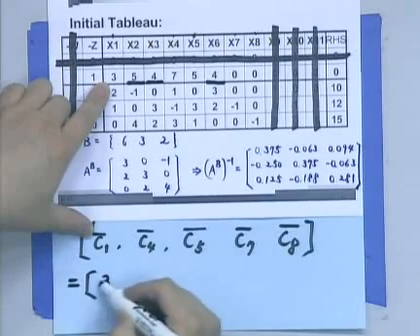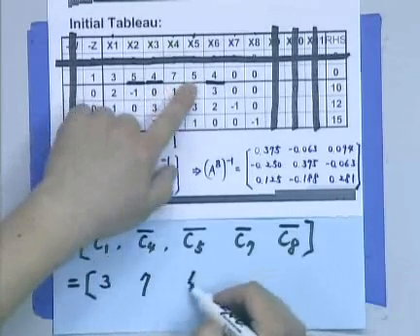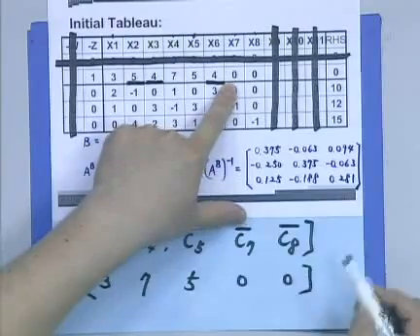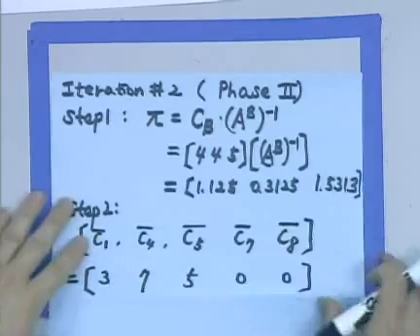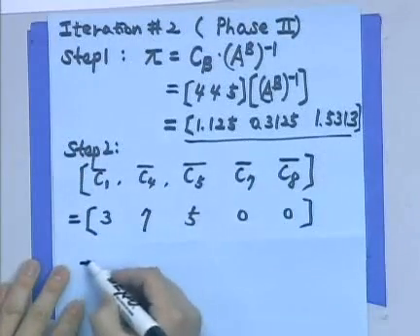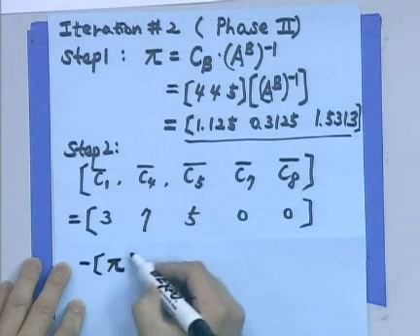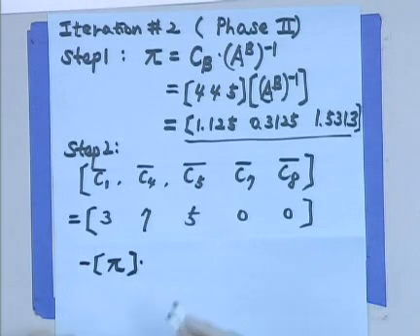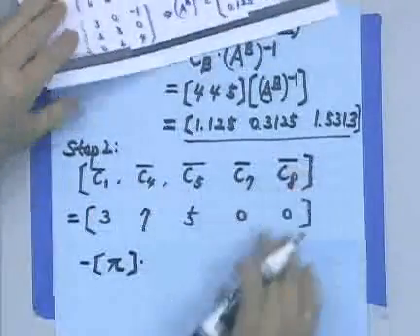3 and 7, 5 and 0, 0, right? Minus the simplex multiplier vector, which is these values, the pi vector, times the coefficient matrix belonging to all these non-basic variables, right?